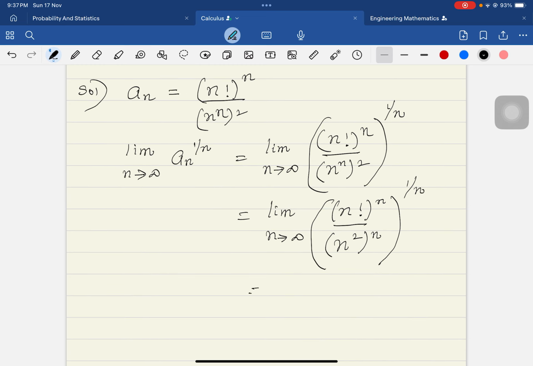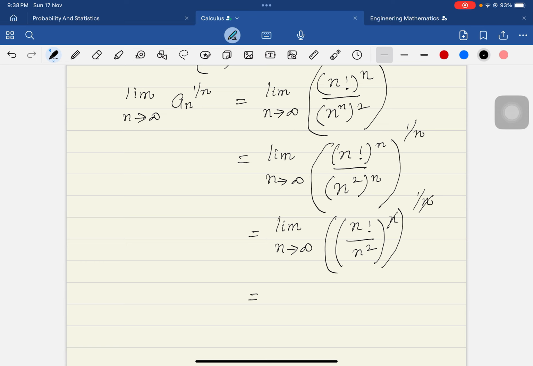So now that gives you the limit as n tends to infinity of (n factorial by n square) the whole power n, and the whole power 1 by n. So now this n and n get cancelled.